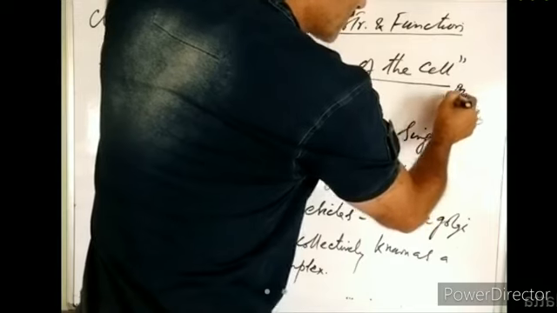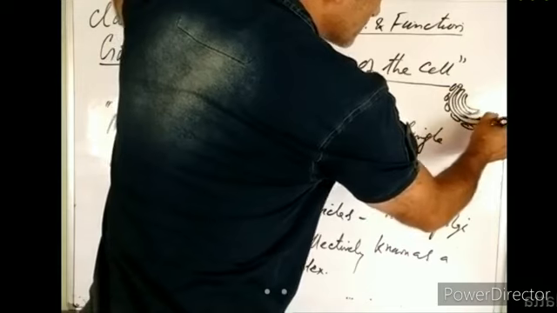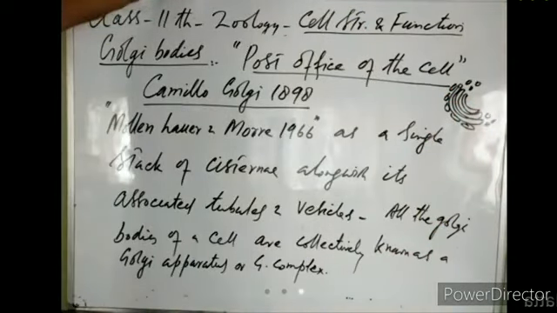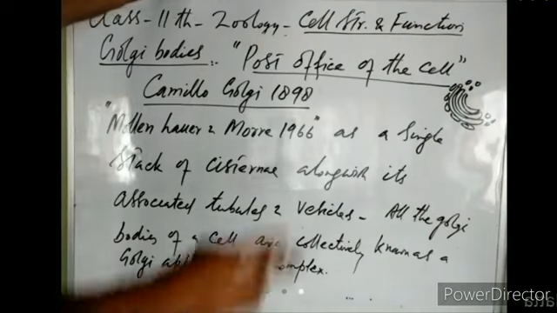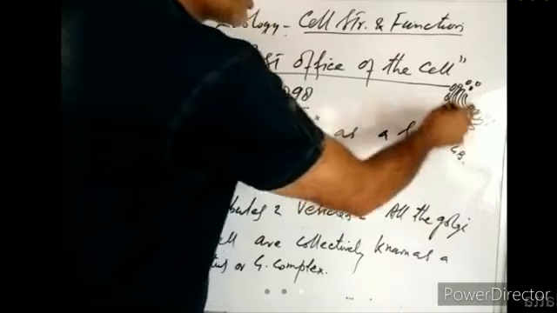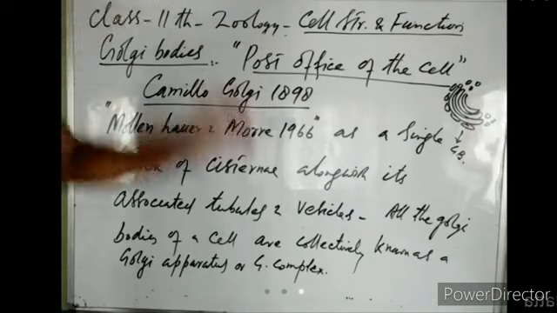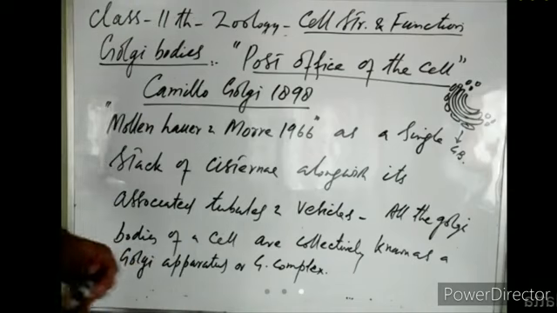This single stack of cisternae along with its tubules and vesicles makes one Golgi body. And all the Golgi bodies of a cell are collectively known as Golgi apparatus or Golgi complex. Is it clear to you? Okay.